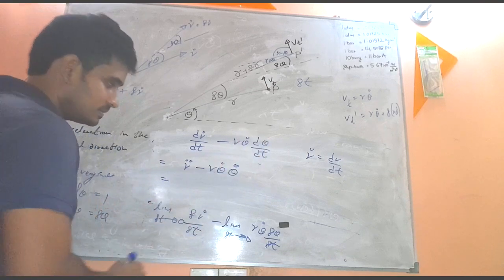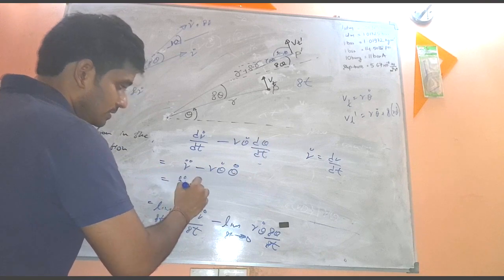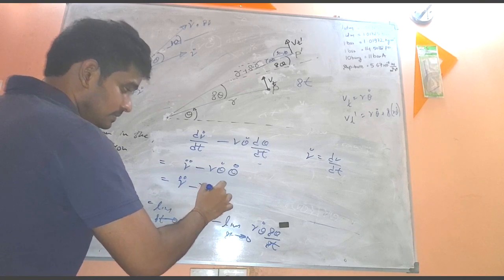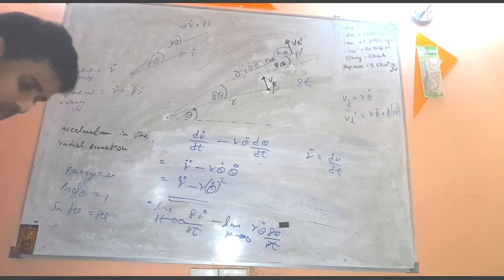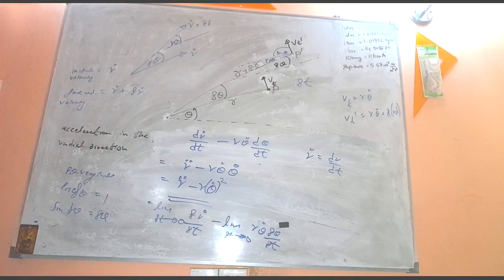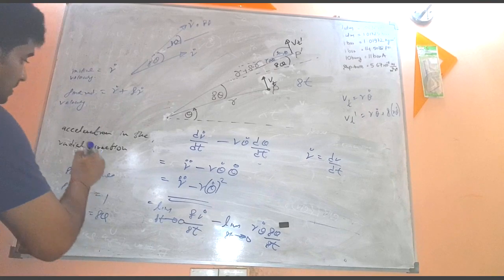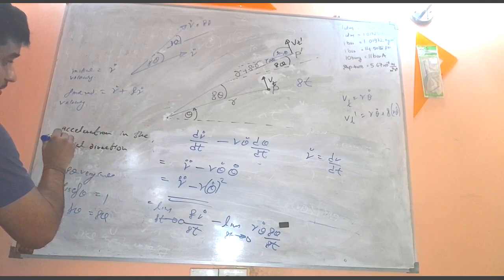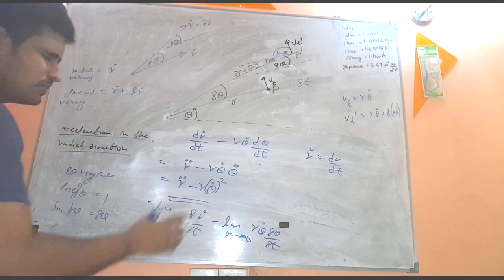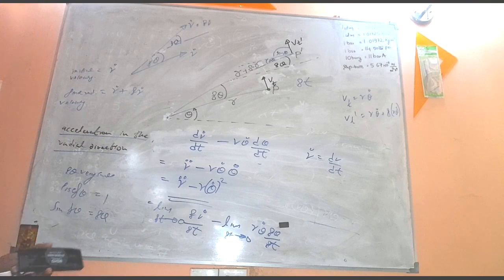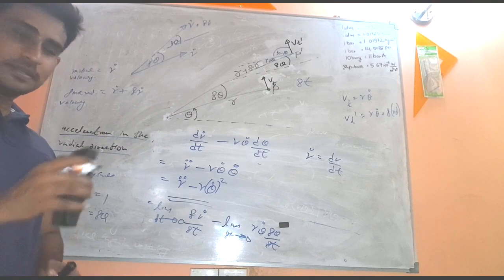So what is the final answer? r double dot minus r times theta dot squared. That is the final answer for the acceleration in the radial direction, the equation for the radial acceleration. I hope you got it.